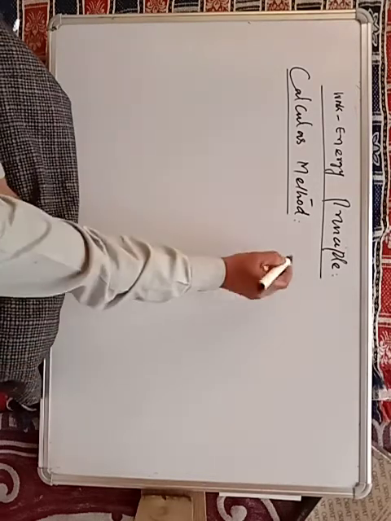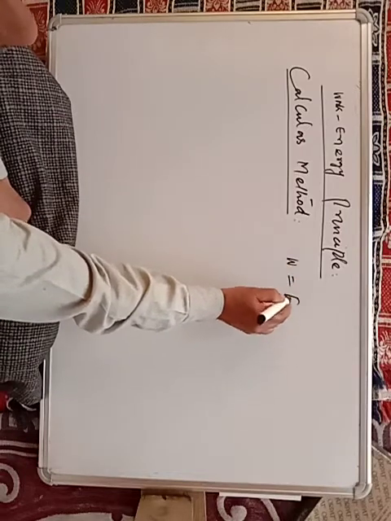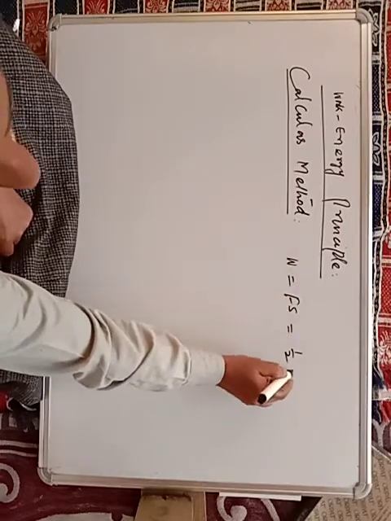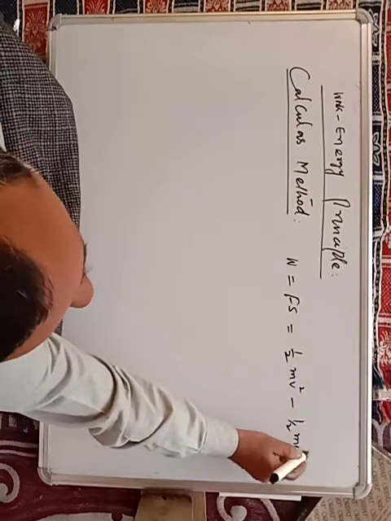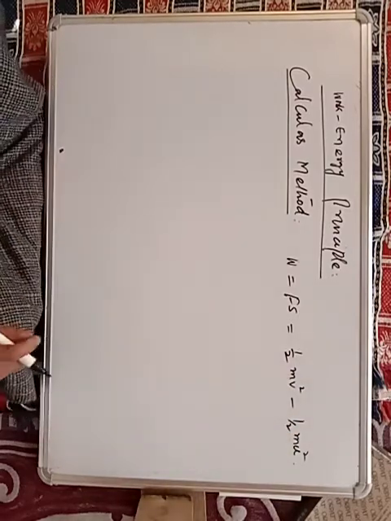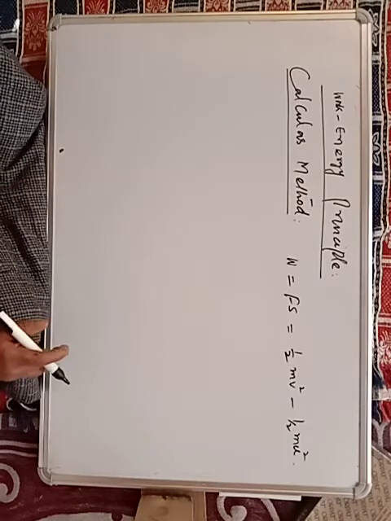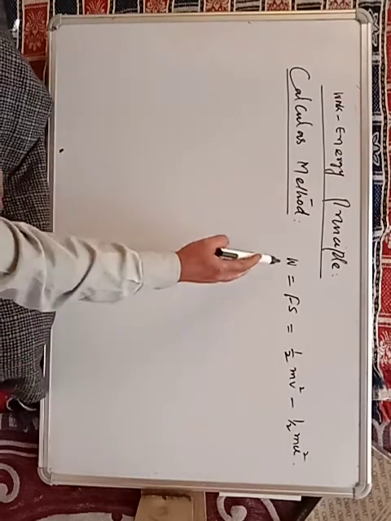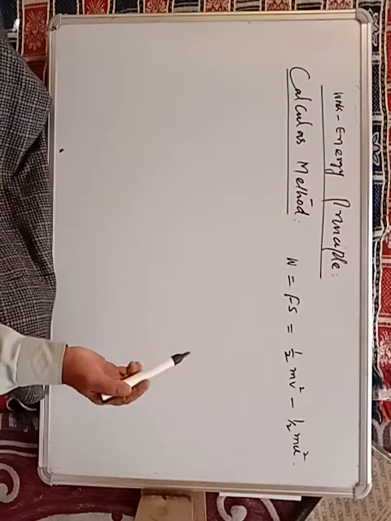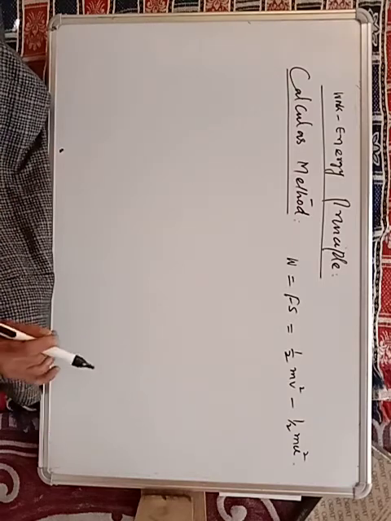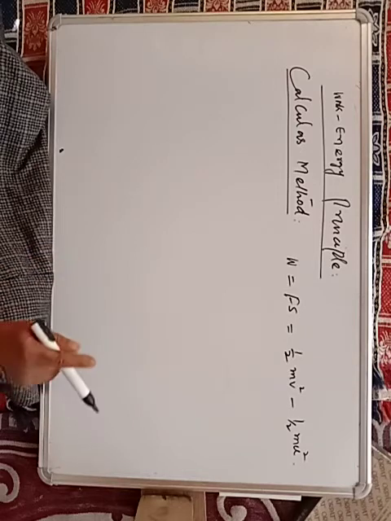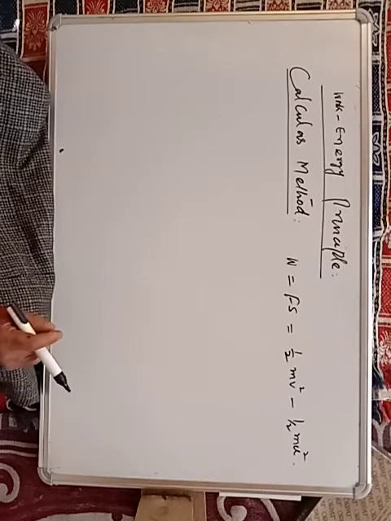So the actual relation is W is equal to Fs is equal to 1/2 mv square minus 1/2 mu square, right? This relation gives the work energy principle. Work done by a force on a body is equal to the change in its kinetic energy. How to find this relation using the calculus method? So simple.